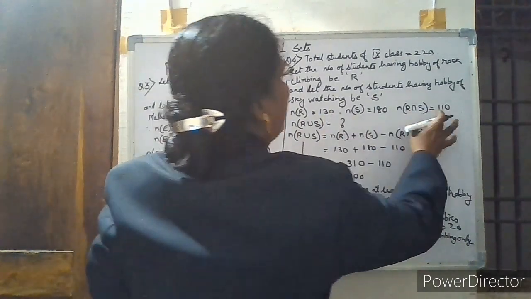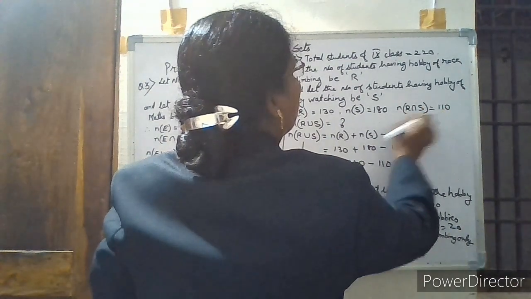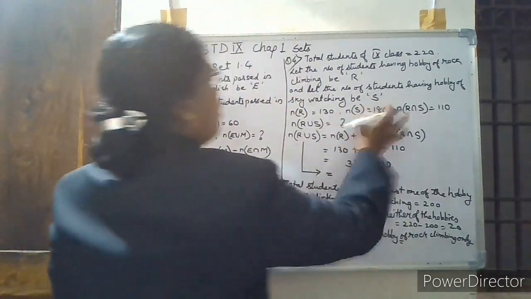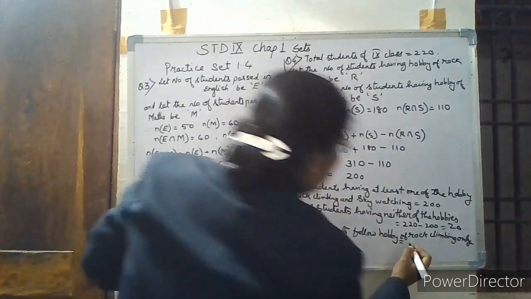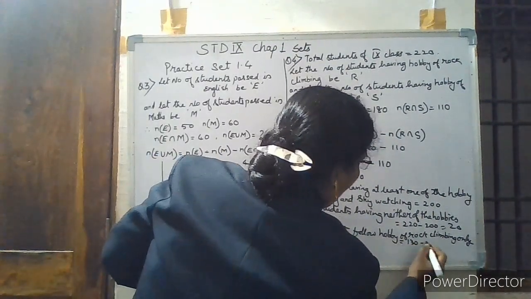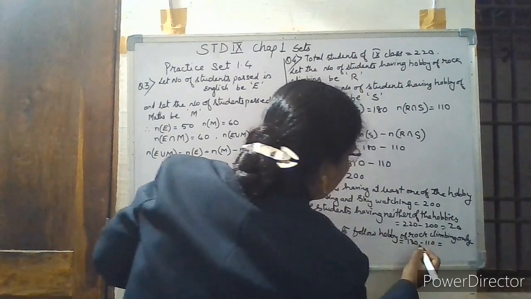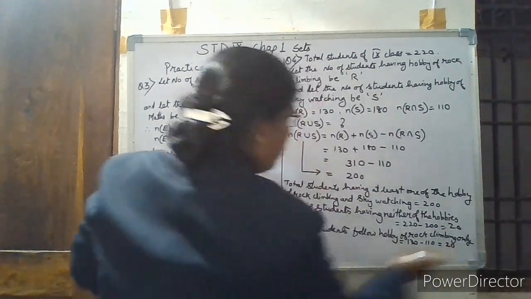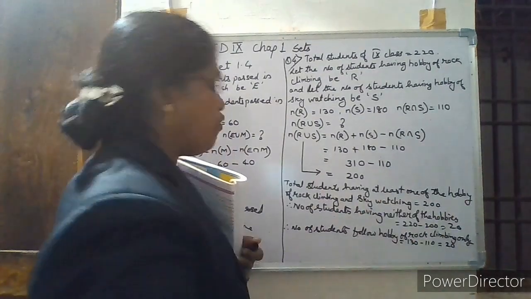Now the intersection means the 110 students have both the hobbies. So 130 minus 110, you get how much? That is 20. 20 students have only the hobby of rock climbing.